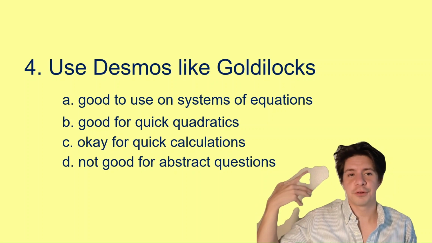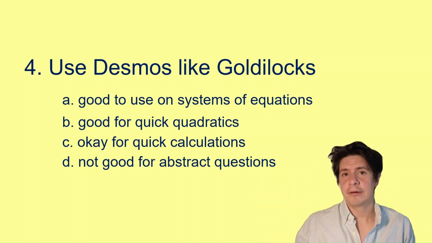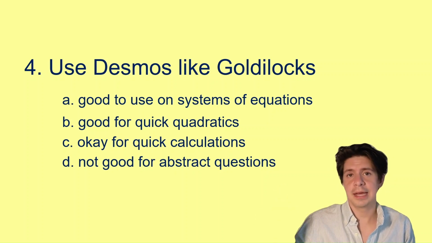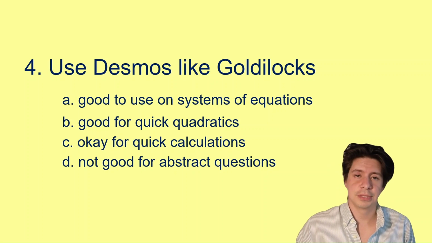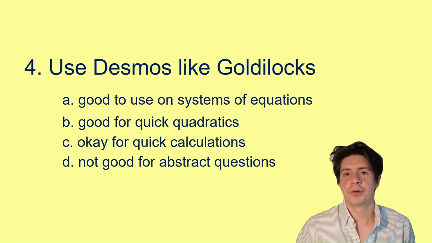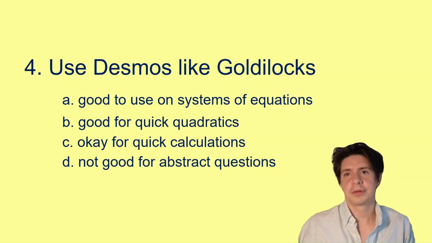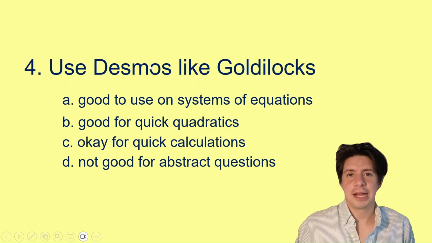And they're okay for quick calculations, right? So if you have something like 9 times 8, I would hope you could do that in your head, or close to that. But if you're stuck, plug it into Desmos, and obviously with more complicated calculations like 4.15 times 8.4, plug it into Desmos, right? They're not great for abstract questions.